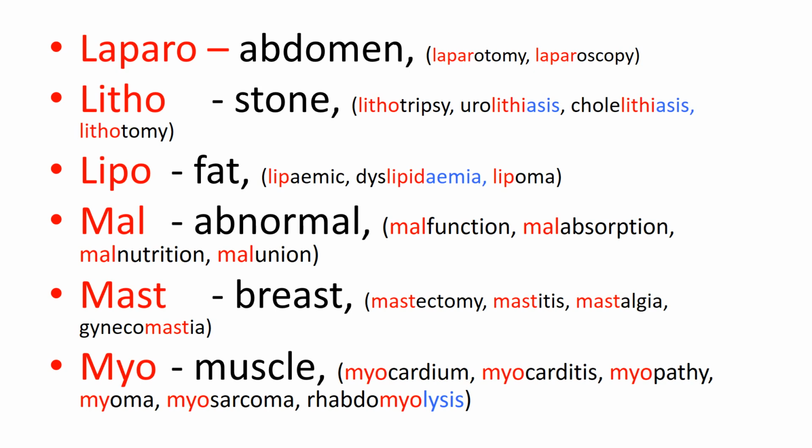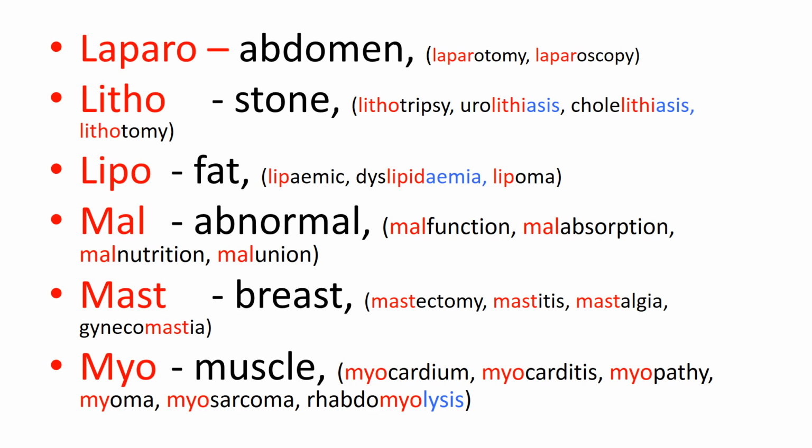Myo is the prefix indicating muscle. So the myocardium is the muscle of the heart. So myocarditis would be inflammation of the muscle of the heart, as for example might be caused by a viral infection causing viral myocarditis.